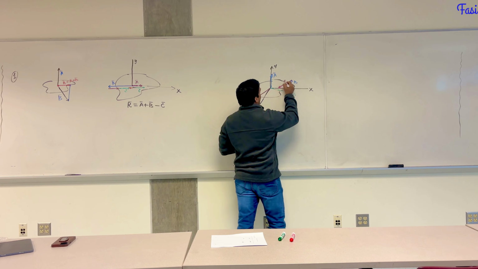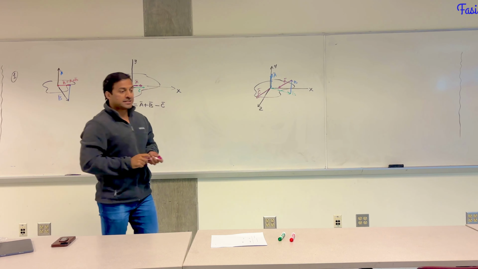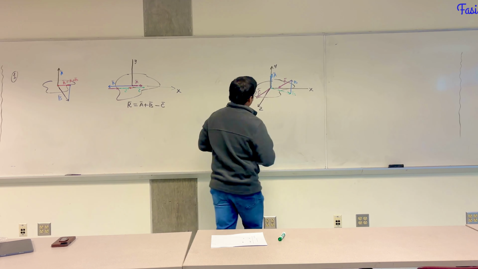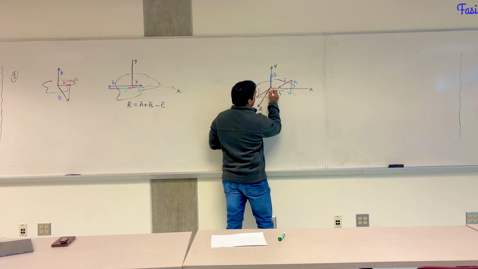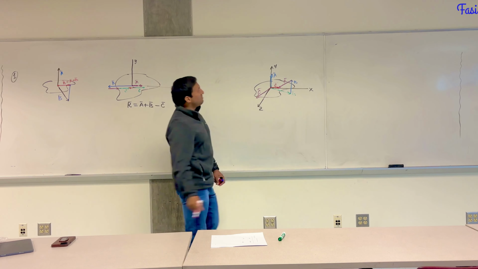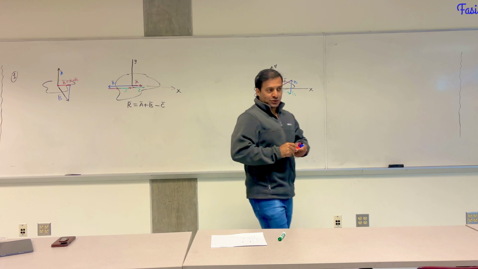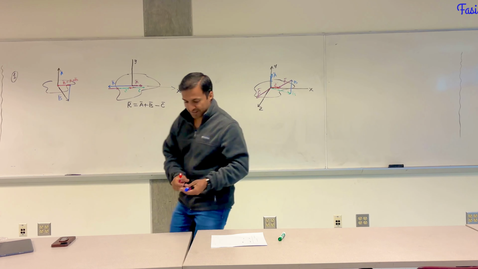Okay, so this is my vector C. What's the resultant? The resultant will be this vector, which starts from the origin here and goes up to the head of this final one. That's my resultant vector. It's very confusing, so let's try to understand them again with these markers.